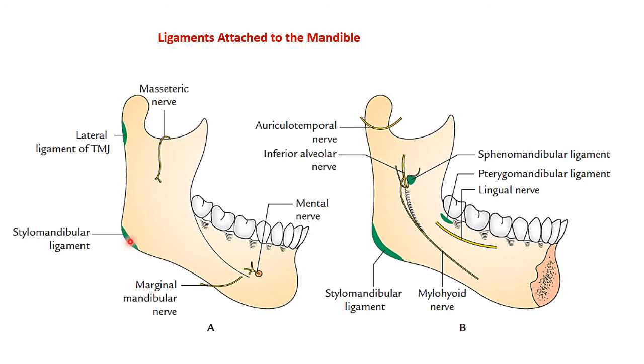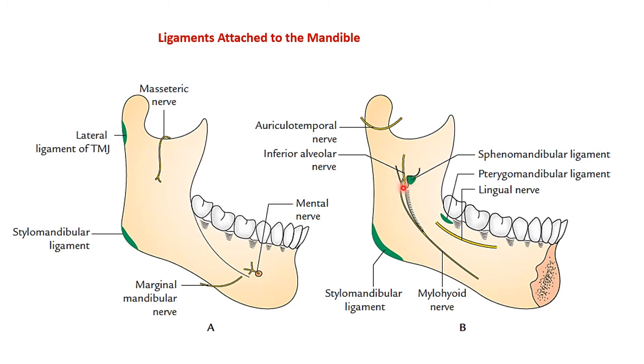At the angle of the mandible is attached the stylomandibular ligament, and just below the last molar tooth is attached the pterygomandibular ligament, and the sphenomandibular ligament is attached to the lingula. Lingula is a tongue-like projection we have studied, present on the anterior margin of the mandibular foramen.